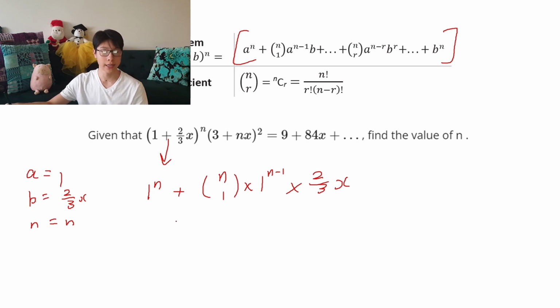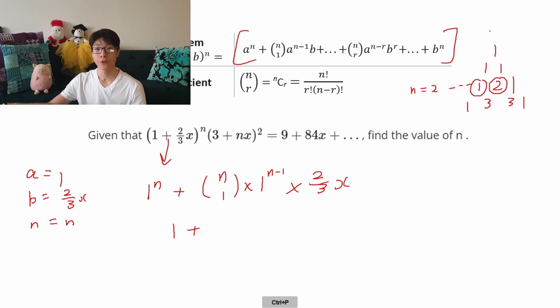So 1 to the power of any number is 1 plus nC1. And if we think about it in terms of a Pascal's triangle, let's just draw it out right here. nC1 is actually equal to n. And this is because, let's say we are given n equals 2. This is the second layer. And this is r equals 0. This is r equals 1. For any layer, when r is 1, our term will just be the same thing as our layer number.